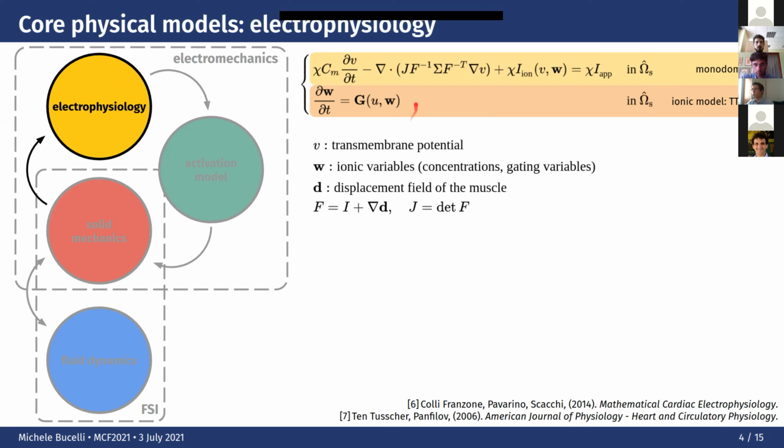I would like to point out that already at this stage, we can see these terms here, J and F, appearing in the monodomain equations, and they account for the feedback of solid mechanics on electrophysiology. So they represent the effect of the solid deformation onto the electrical activation of the muscle.